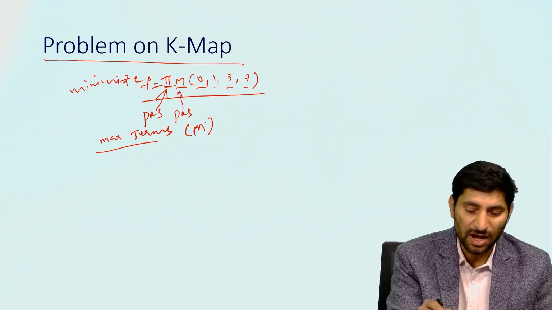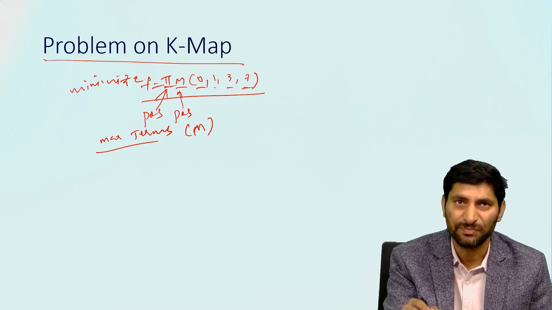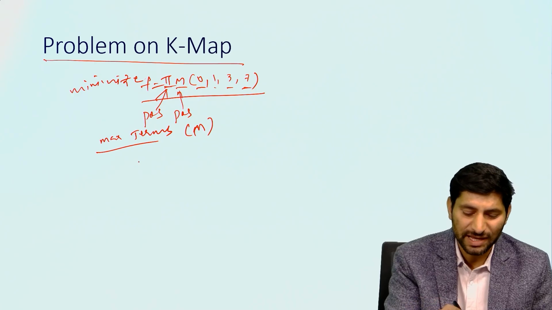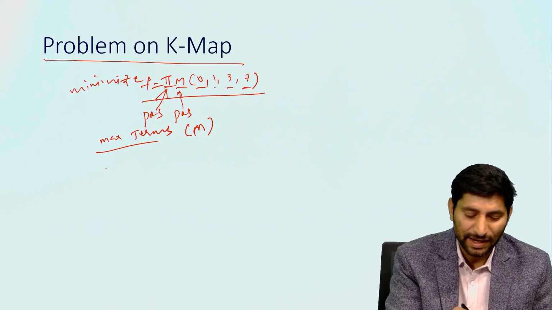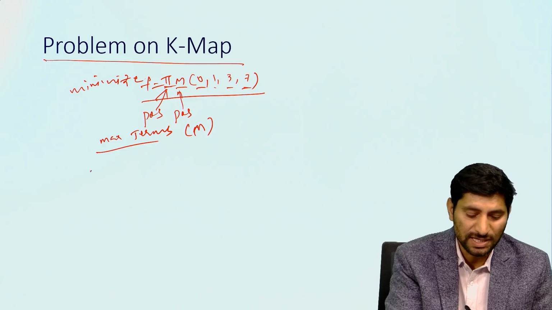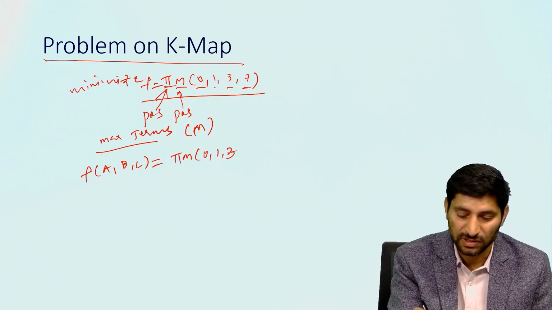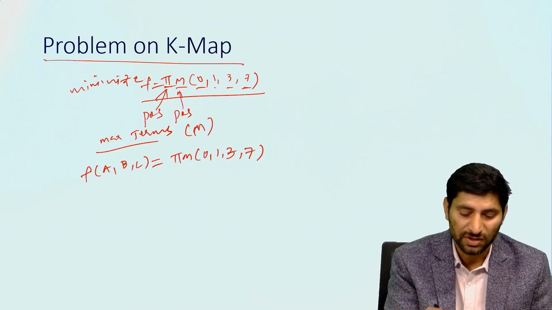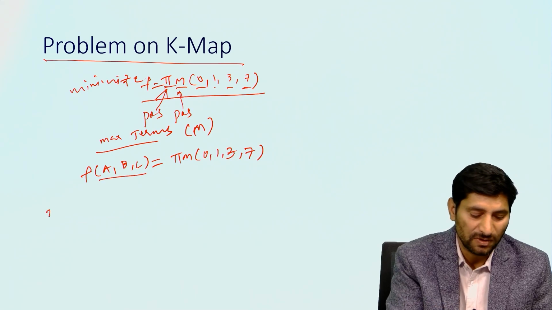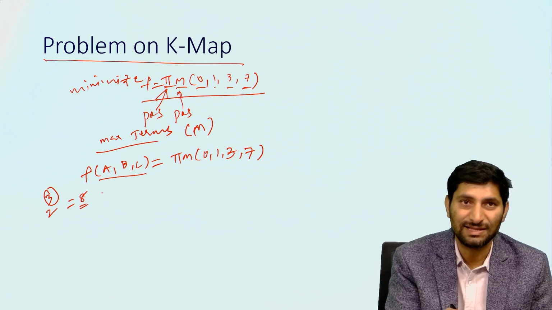Now, as per this, the terms are 0, 1, 3, 7, and the maximum is 7. So I can say they have given a 3 variable K-map. It is actually f of a, b, c equals pi of m 0, 1, 3 and 7. So it is a 3 variable K-map, and using 3 variables, 8 cells are possible.